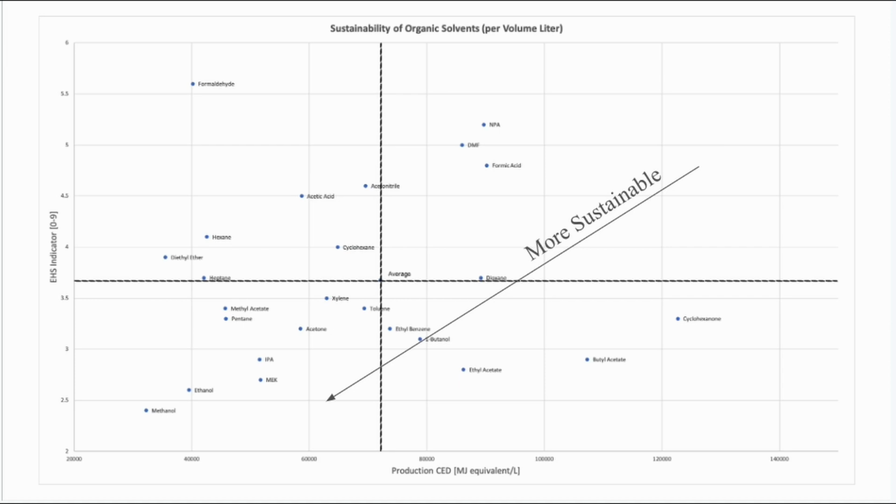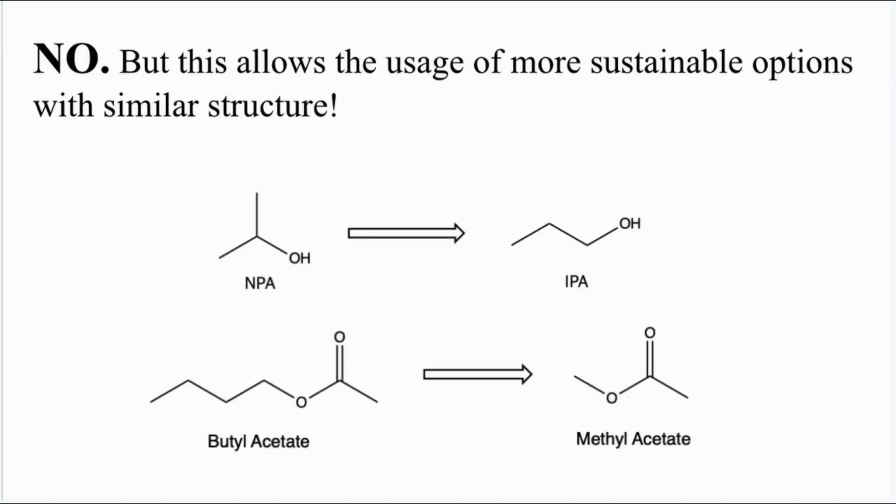An attempt was made to spatially correlate the solvents belonging to similar classes. However, there were no apparent relationships. So the answer to my question was a big no. However, this still does mean something.